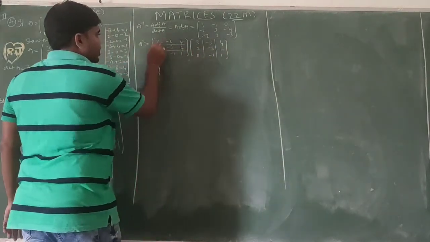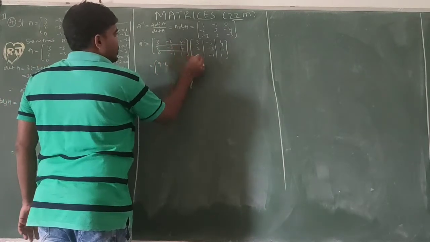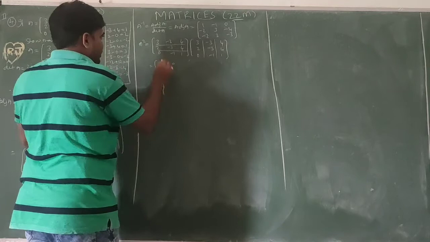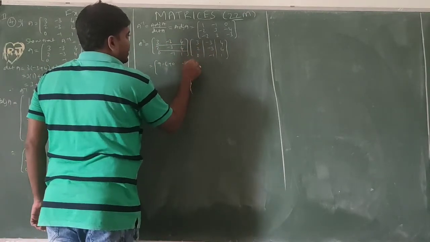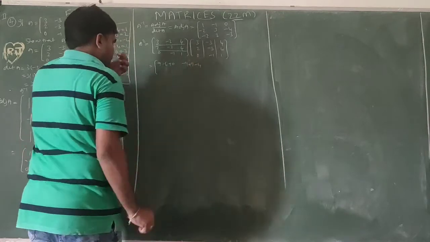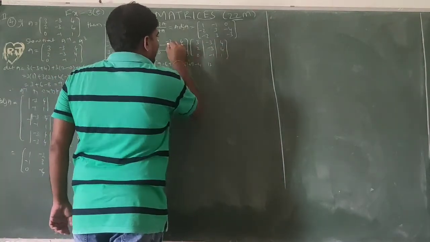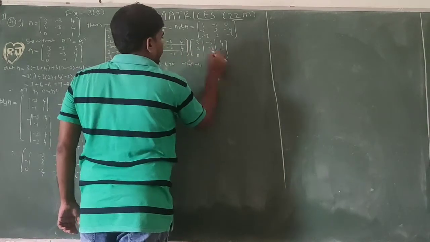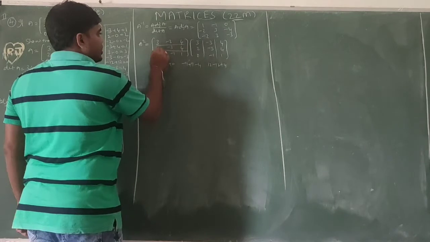So 3 into 3 is 9, -3 into 2 is -6, 4 into 0 is 0. Next, 3 into -3 is -9, -3 into -3 is plus 9, 4 into -1 is -4. First row third column: 3 into 4 is 12, -3 into 4 is -12, 4 into 1 is 4.